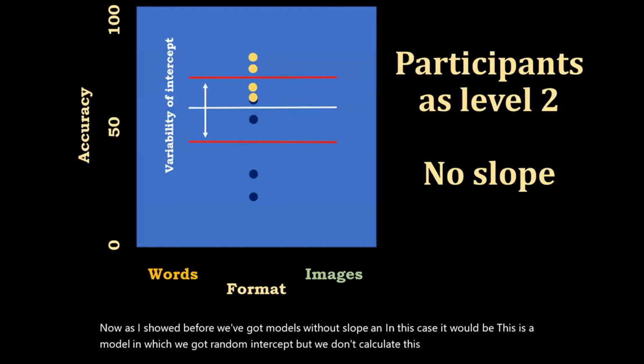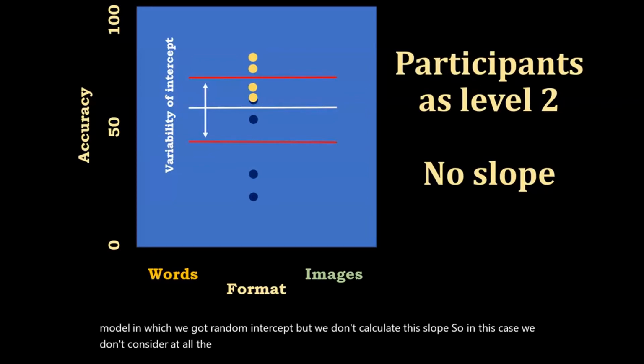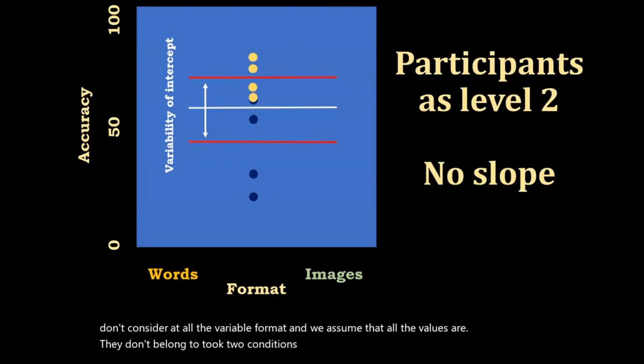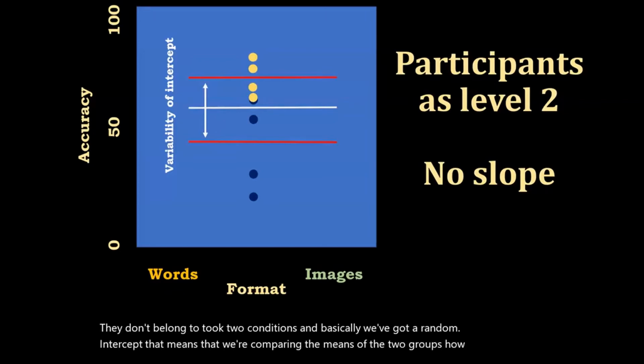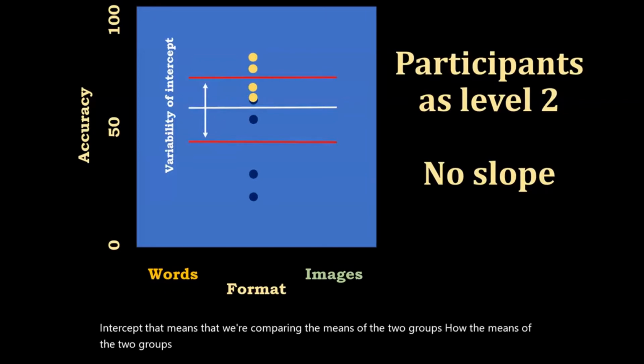So in this case, we don't consider at all the variable format, and we assume that all the values don't belong to two conditions, and basically we've got a random intercept. That means that we are comparing the means of the two groups to the total mean.